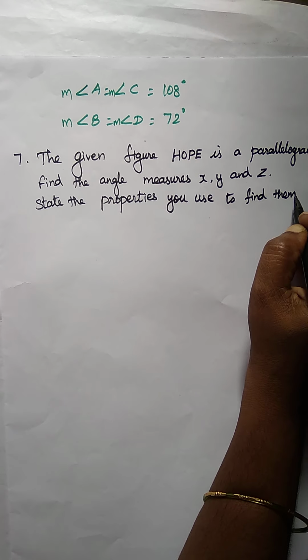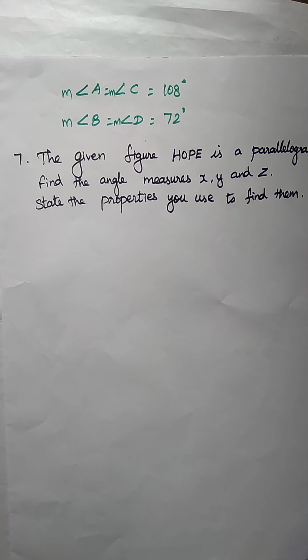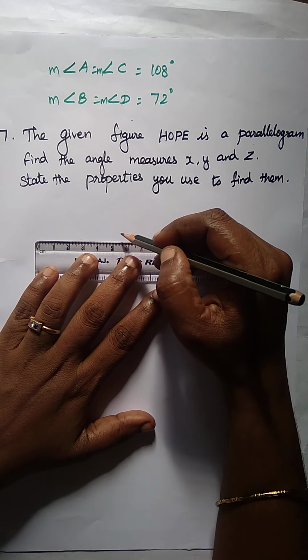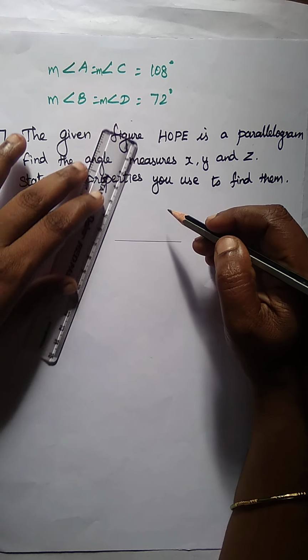So you should know all the properties of a parallelogram. If you know the properties, you can easily use the property and find the angles of the given sum.